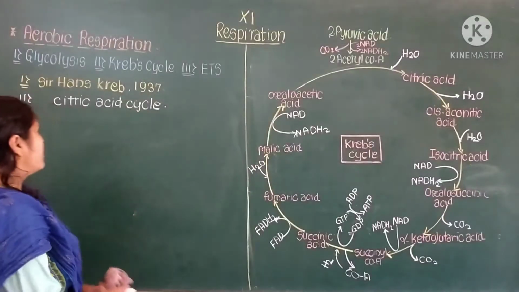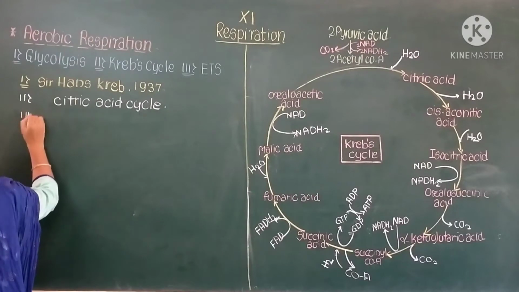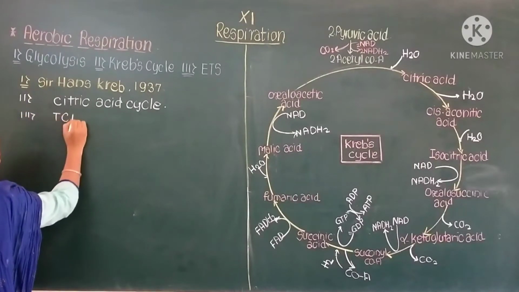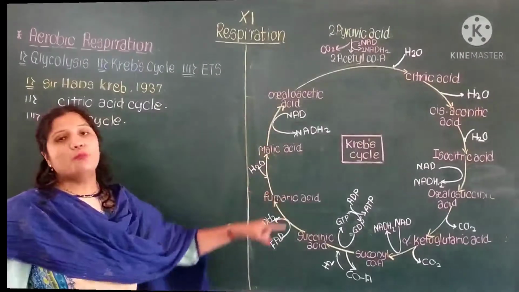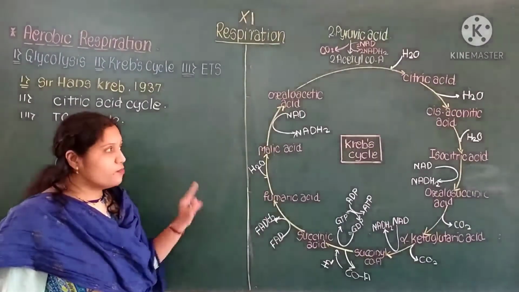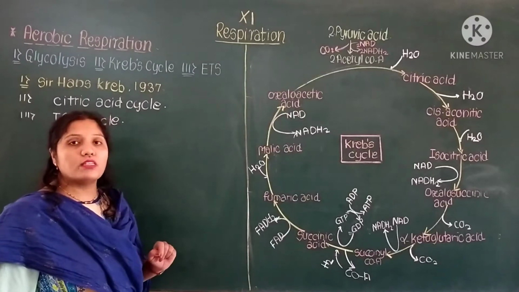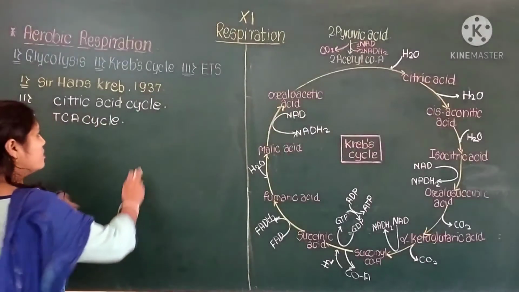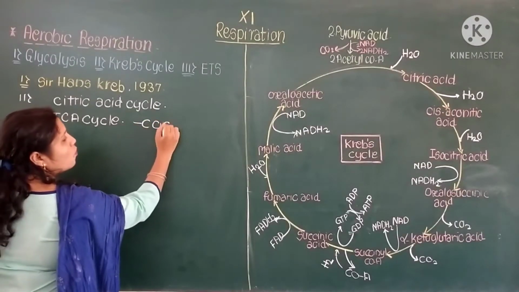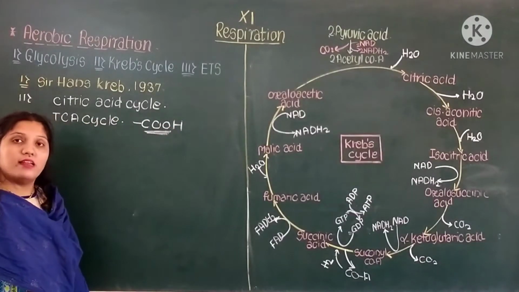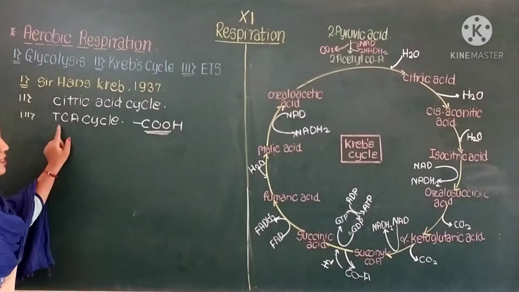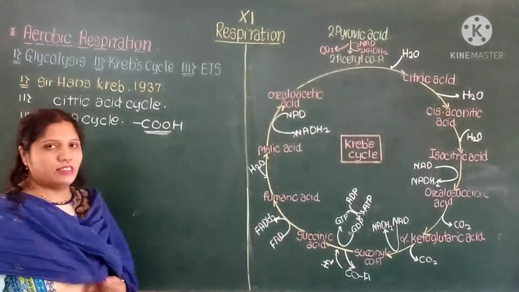The Krebs cycle is also known as the TCA cycle. In most organic acids, there is a presence of 3 carboxylic acid groups, that means COOH groups. So these 3 carboxylic groups are present. That's why this is known as the tricarboxylic acid cycle.